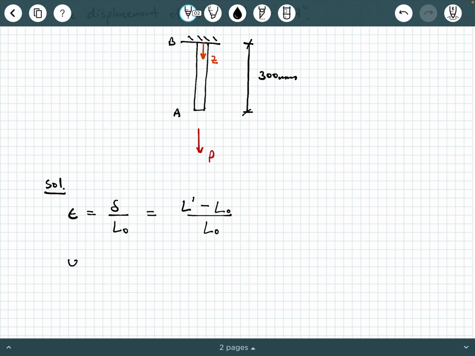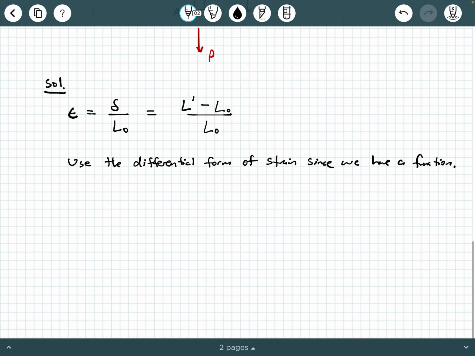So I'm going to make a note here. I'm going to say use the differential form of strain since we have a function for epsilon. And so what would the differential form look like?